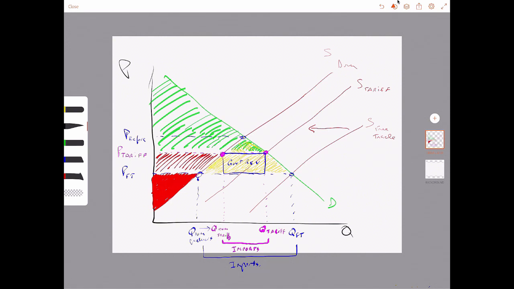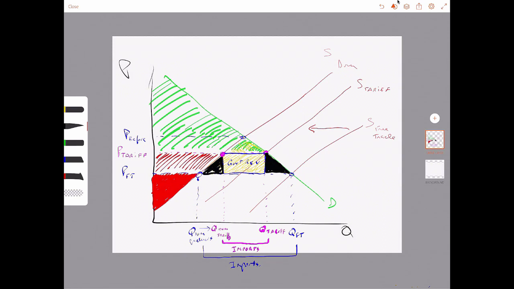But what really worries economists is what happens to these two triangles right here. That triangle and that triangle. These two areas represent surplus that's not transferred to anybody.